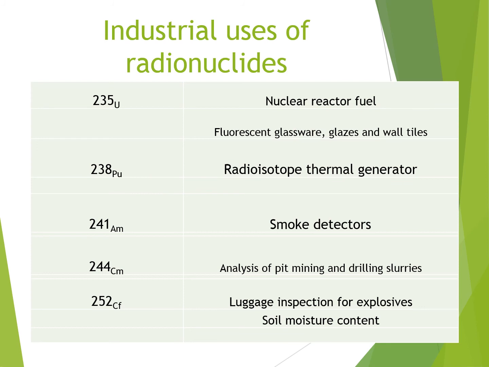So this isotope is being used as a tracer, and this inspects the luggage for explosives. It is also being used to determine the moisture content in the soil. So these are all basically the industrial uses of different radionuclides.